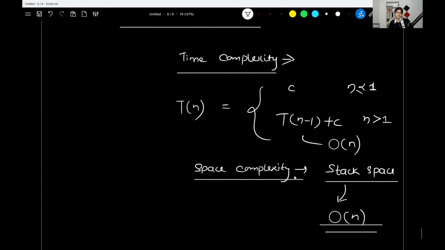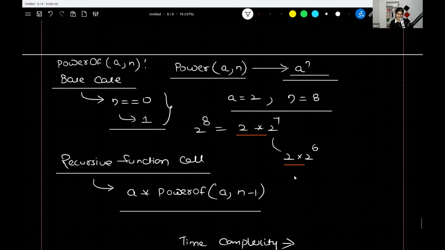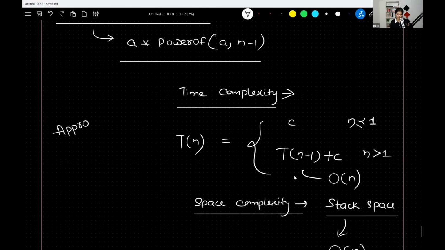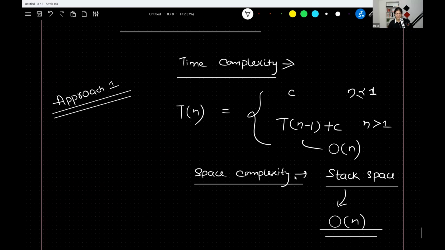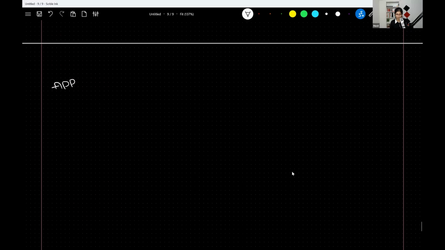Now the question is, this is the brute force approach, approach number 1 to solve this problem. Can we optimize it? That's where approach number 2 comes into the picture. There is something we will discuss in our upcoming sessions in the algorithm module called divide and conquer.